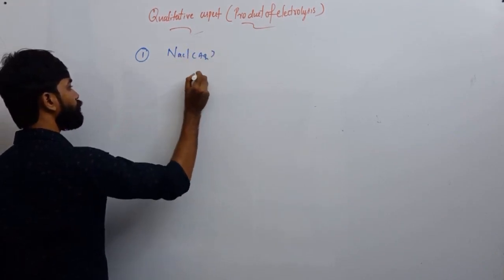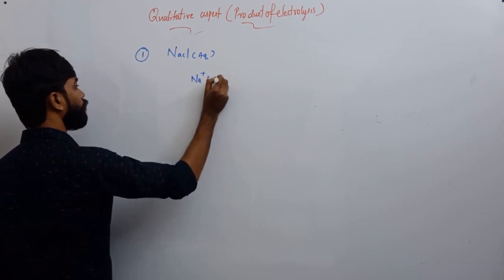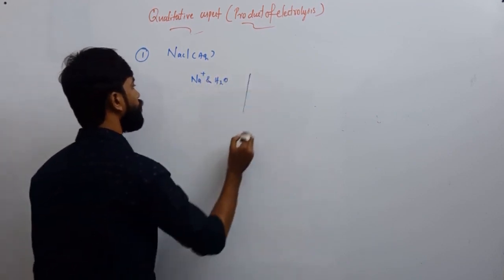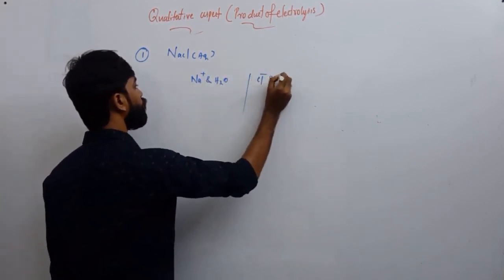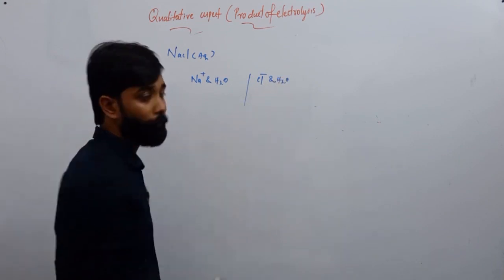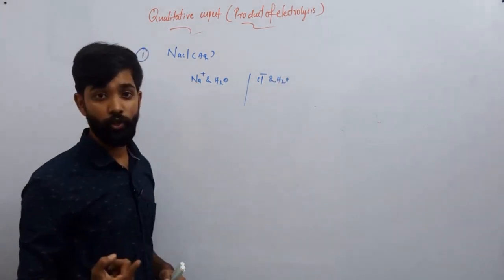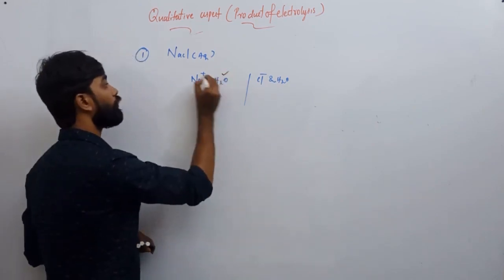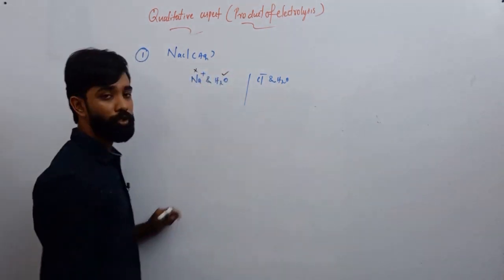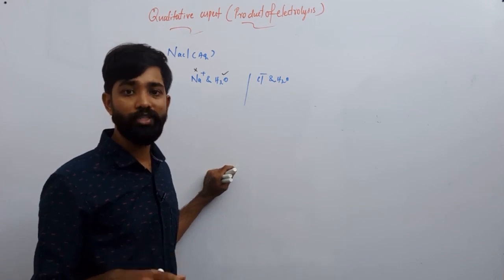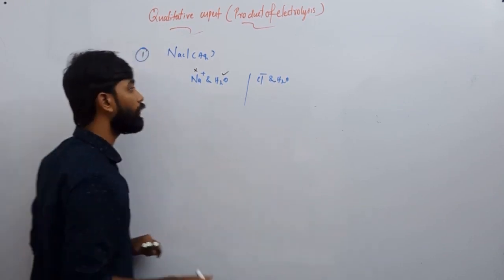Aqueous NaCl means we have Na plus and water for a reduction competition, as well as Cl minus and water for oxidation competition. If there is a competition for reduction between first group elements and water, water will dominate. Na plus won't discharge and water will be discharged at the cathode.